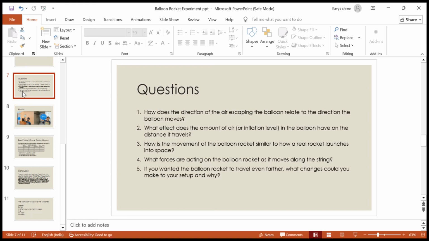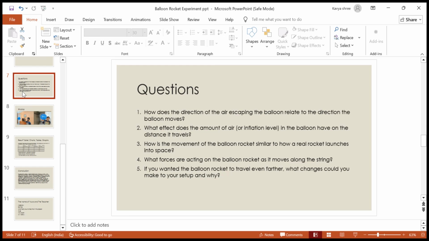The questions are: how does the direction of the air escaping the balloon relate to the direction the balloon moves? What effect does the amount of air or inflation level in the balloon have on the distance it travels? Question 3. How is the movement of the balloon rocket similar to how a real rocket launches into space?